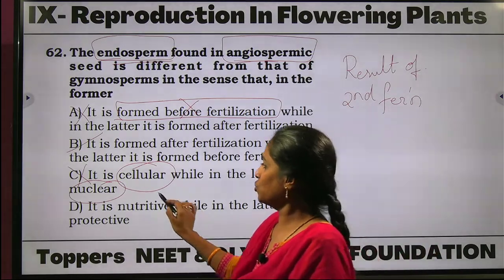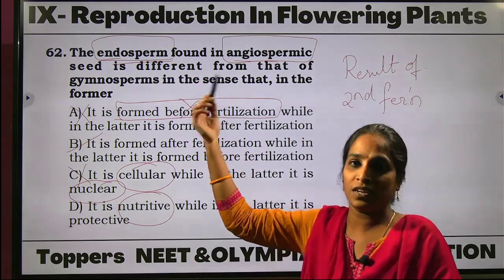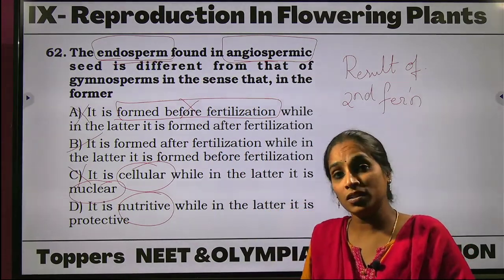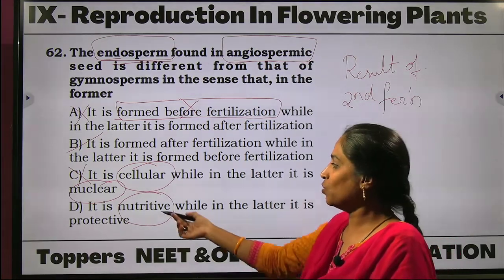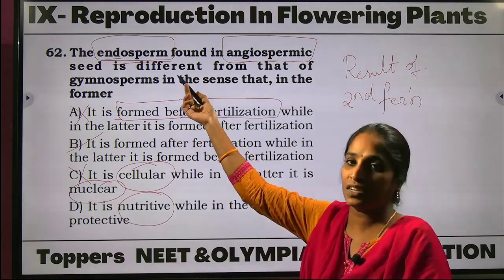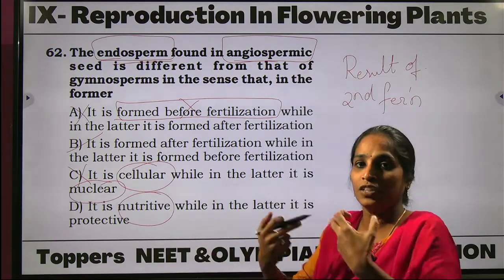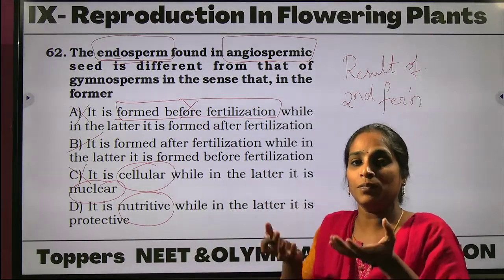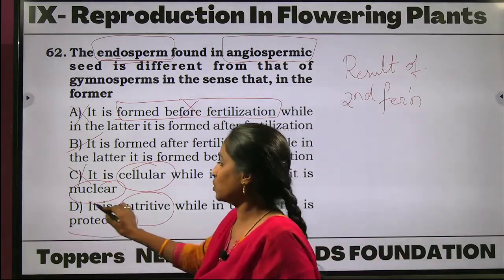What is nutritive and what is protective? The endosperm takes nutritive substances from the antipodal cells within the chalazal end of an ovule. It has to take the nutrients and develop into a fruit. And it is protective itself. What is protective?